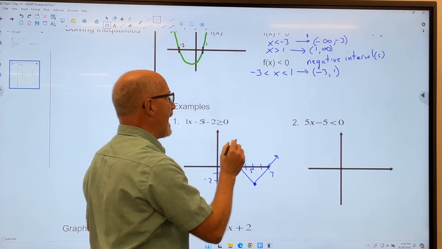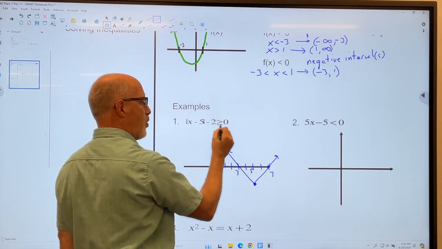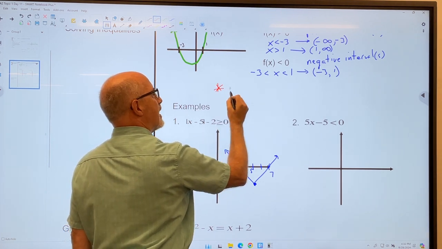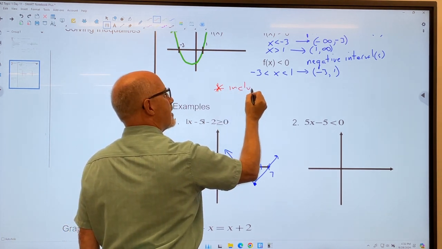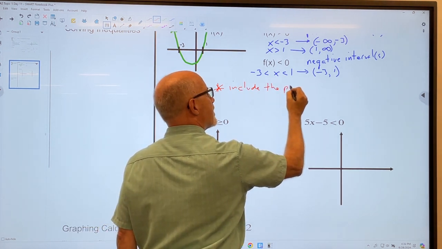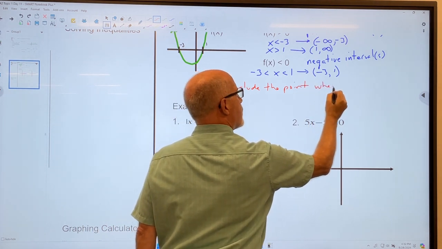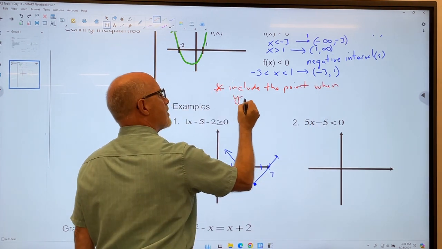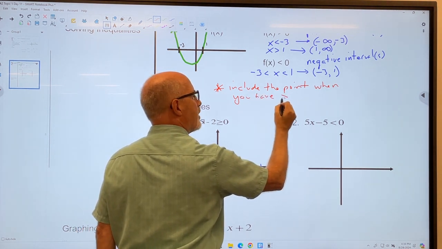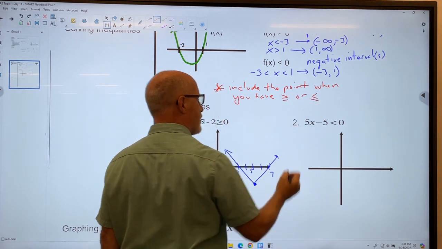And what we're going to add in here is the fact that if you've got an or equal to on this one, include the point when you have an or equal to, so when you have either greater than or equal to or less than or equal to.